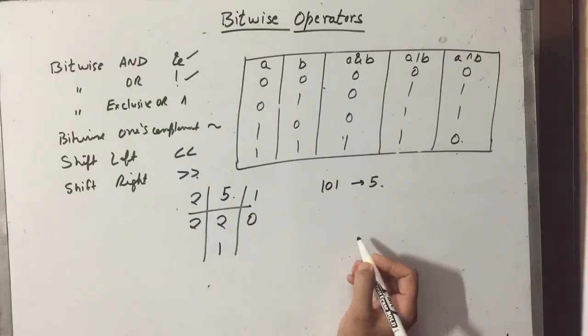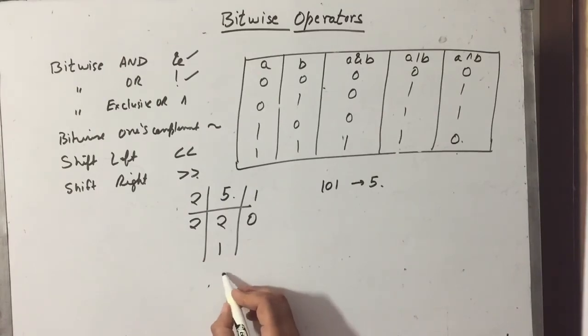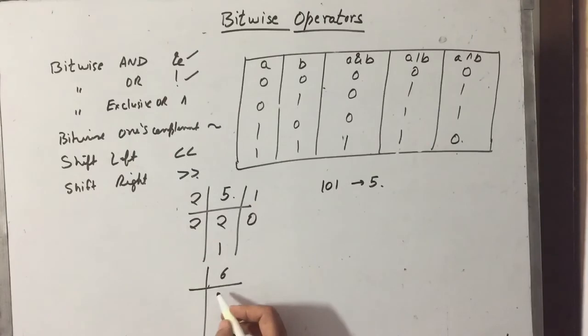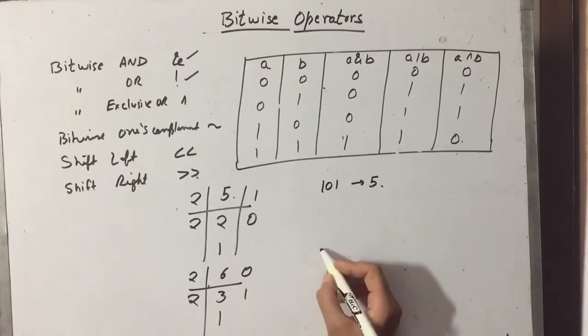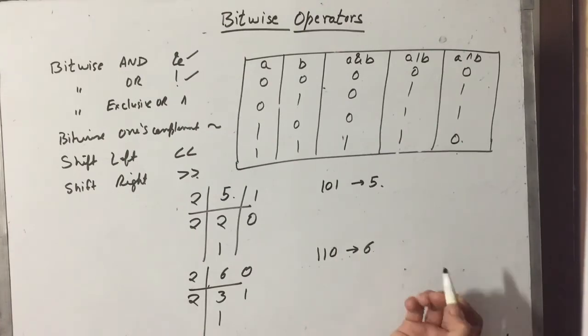So 101 is basically symbolizing the value 5. Okay, so if I take another variable, suppose I take 6 and I convert it into binary form, 2 3s are 6, nothing is left, 2 1s are 2, so 1 is left. So 1 1 0, so 110 is evaluating to 6.